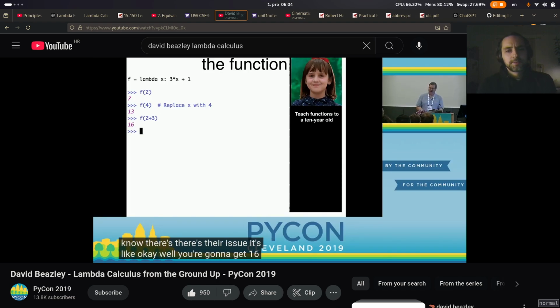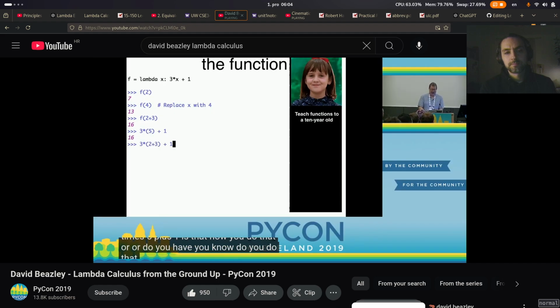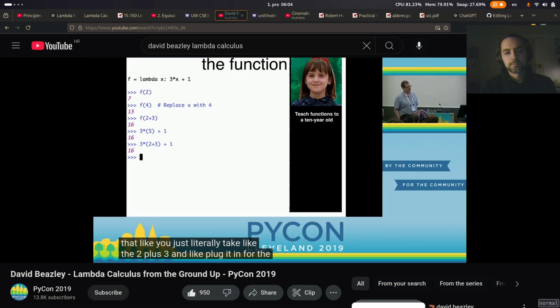You're going to get 16, but do you do the 2 plus 3 first? Do you get 3 times 5 plus 1? Or do you literally take the 2 plus 3 and plug it in for the x? There are some variations there, but basically with a function, you take the thing in parentheses and you substitute the x.